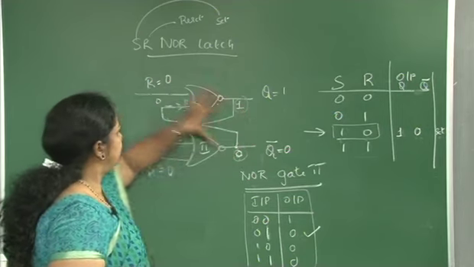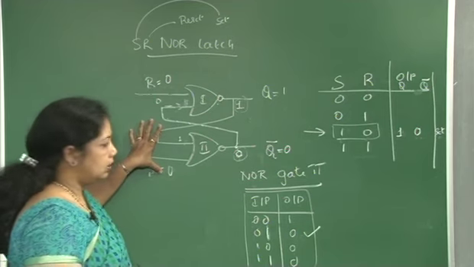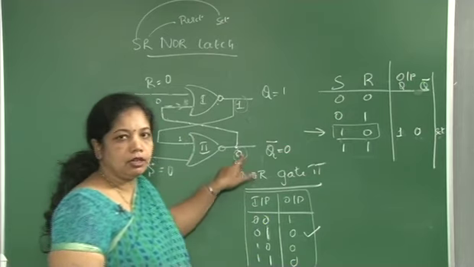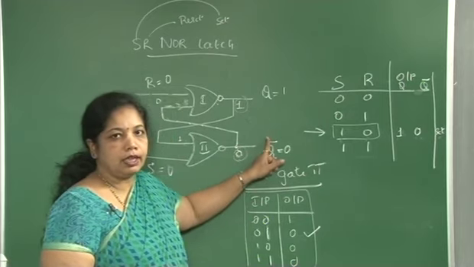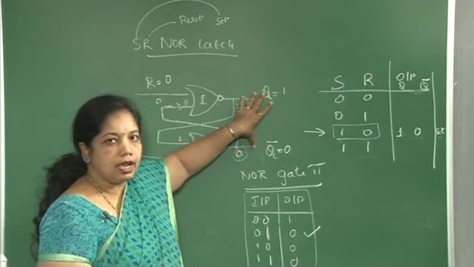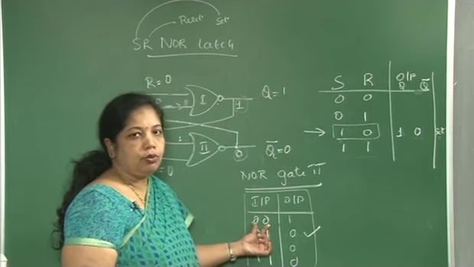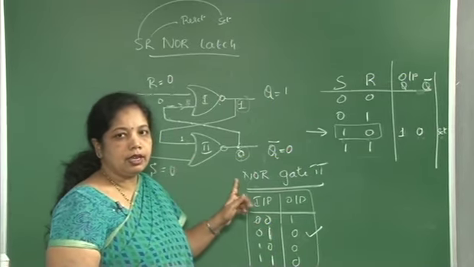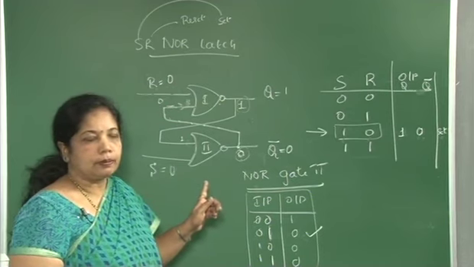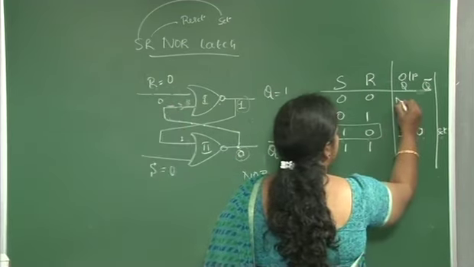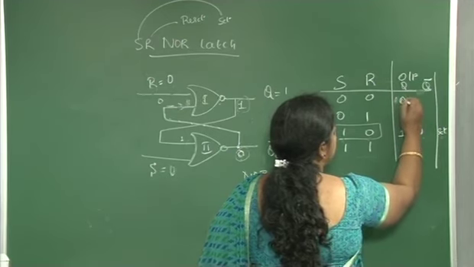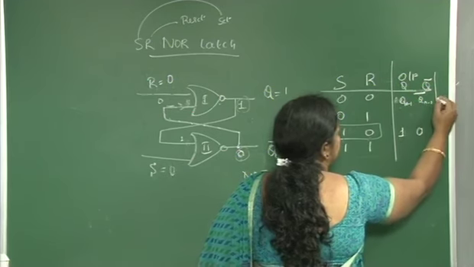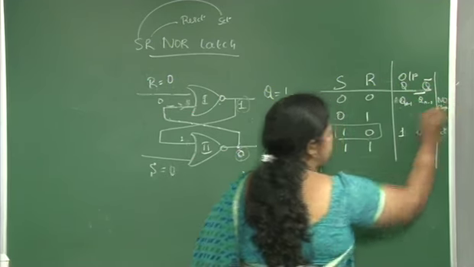Even though I give 0 0, my output is 1 and 0, meaning whatever the previous output has been, it is stored in the latch. The 0 0 condition is the no change condition. The previous condition will be stored here.